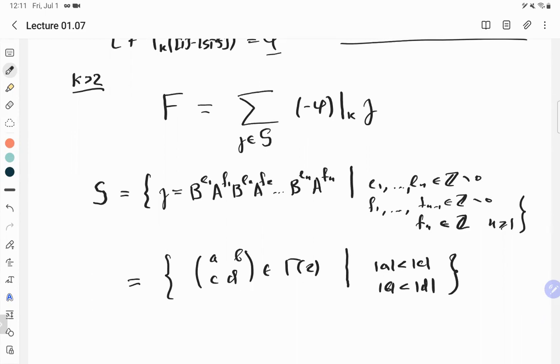Proving that these two sets are equal is a little bit trickier.